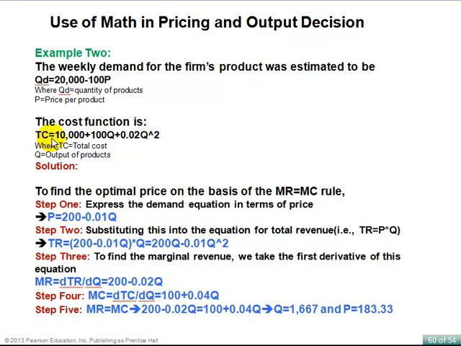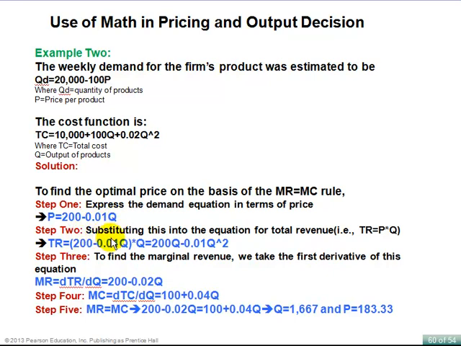Again, the TC is the total cost, and the Q is output of products, the quantity. So the solution: the first step, express the demand equation in terms of the price. So when Q is 20,000 minus 100 P, the P is 200 minus 0.01 Q.